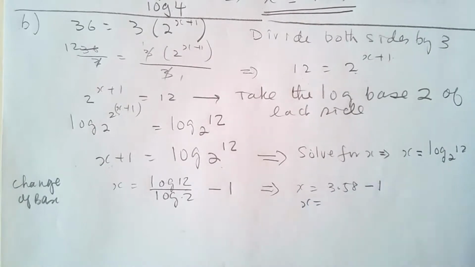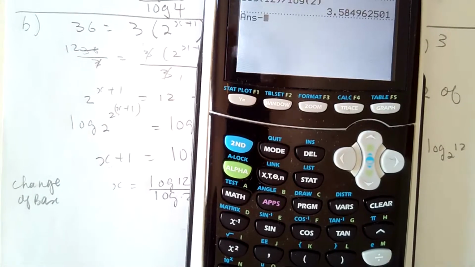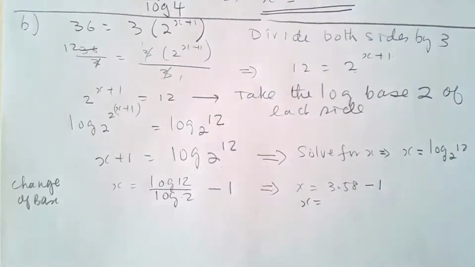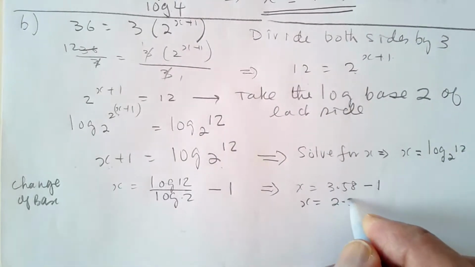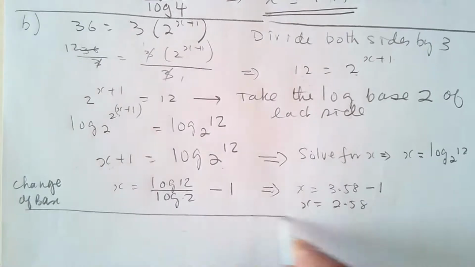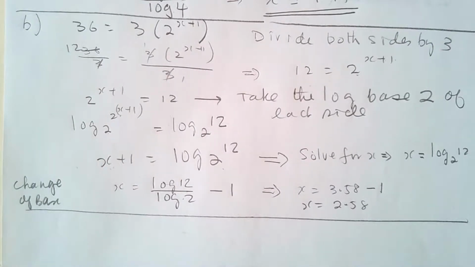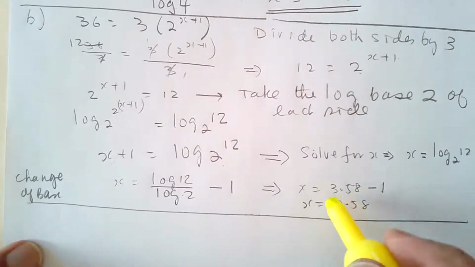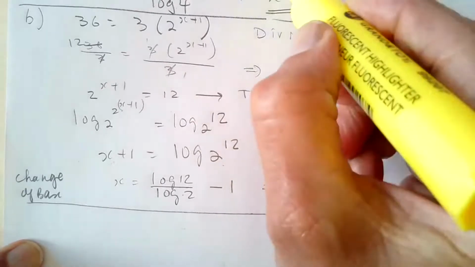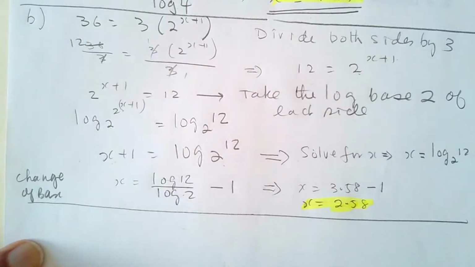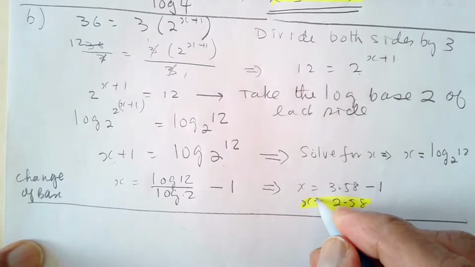So x is 2.58. So that's my final answer. Oh, by the way, that's an approximation. I'm going to put my approximation symbol there.